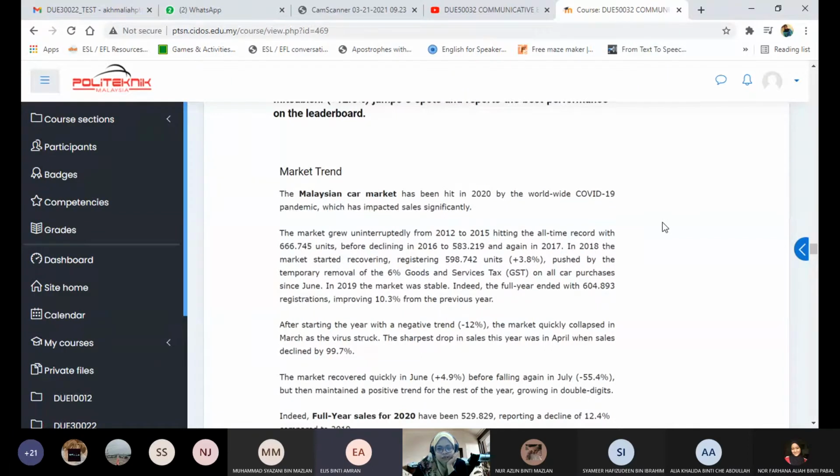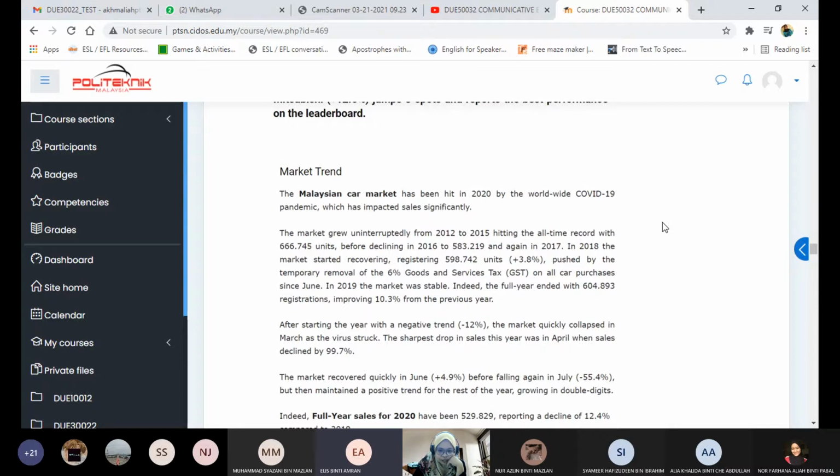The market grew uninterruptedly from 2012 to 2015, hitting the all-time record with 666.749 units before declining in 2016 to 583.219 and again in 2017.